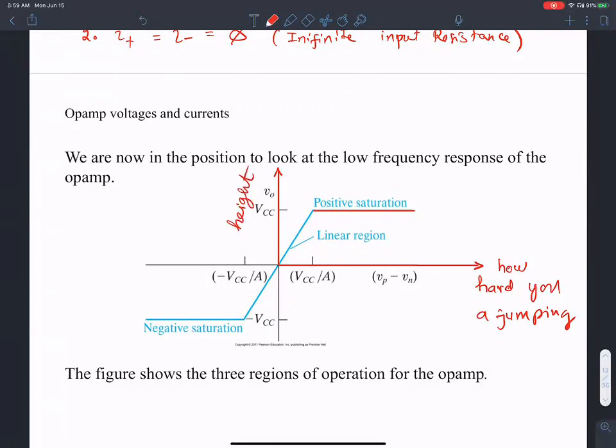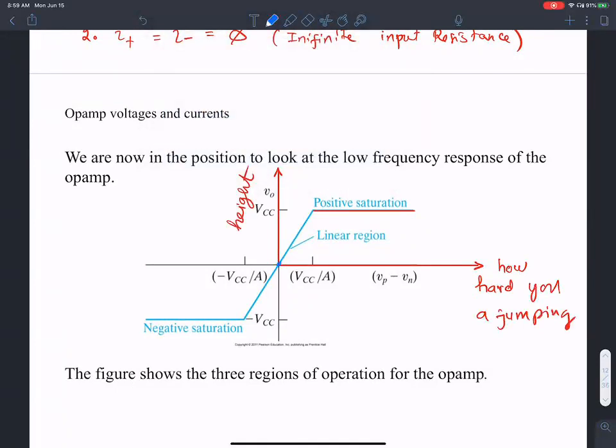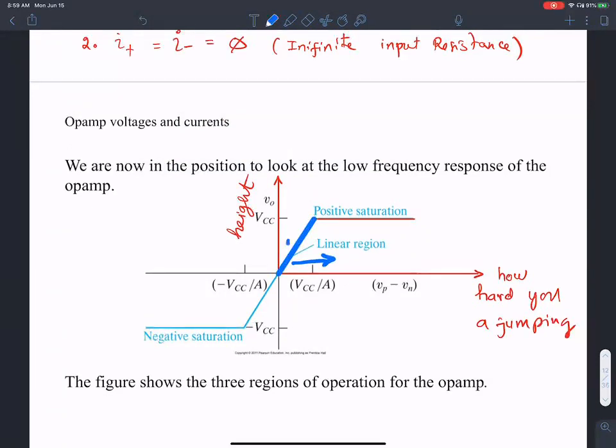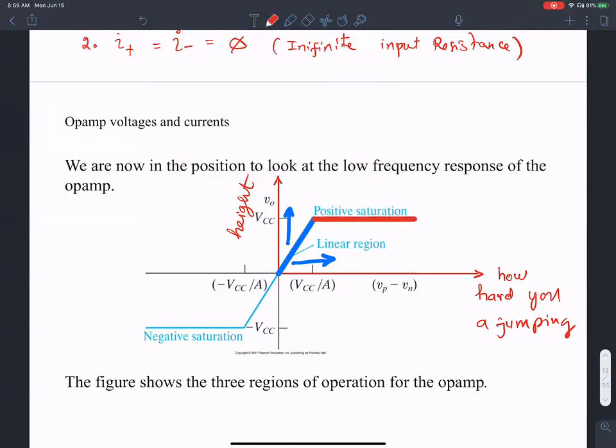The way to understand this curve is that as long as you're jumping reasonably hard, as you jump with more and more force, you're going to reach higher and higher heights. But at some point, you will be limited by the ceiling.